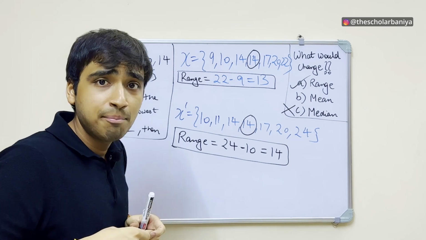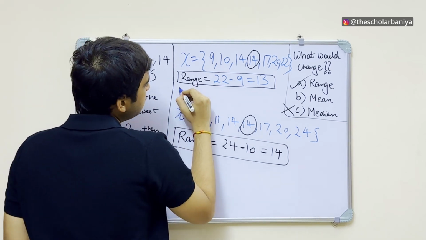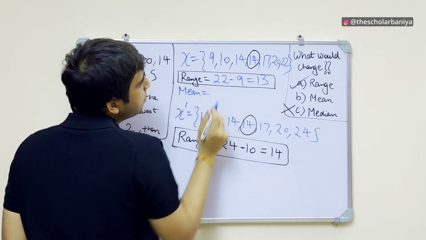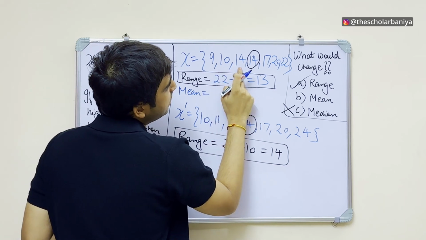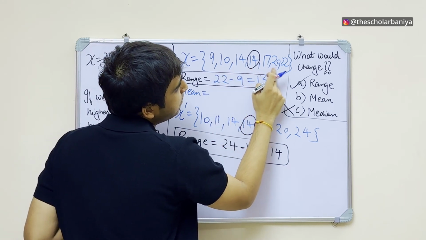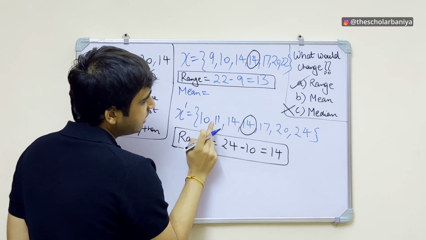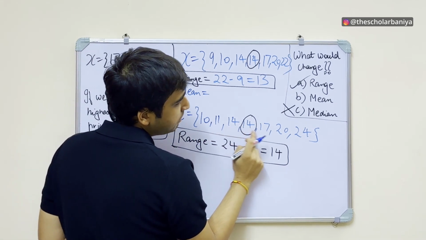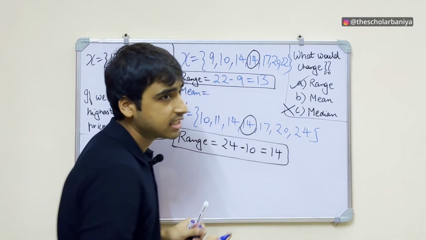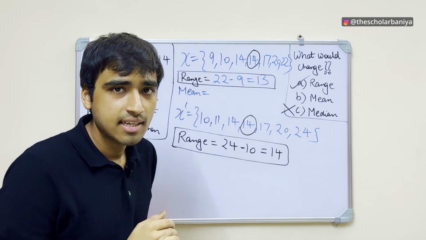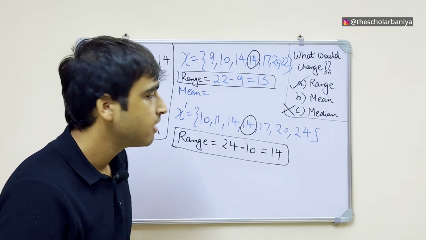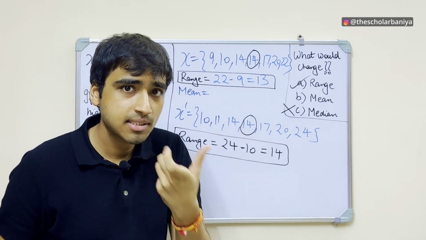Now let's calculate the mean, right? So what will be the mean? Mean will be 9 plus 10 plus 14 plus 14 plus 17 plus 20 plus 22 upon 7, right? And in this case, it will be 10 plus 11 plus 14 plus 14 plus 17 plus 20 plus 24 upon 7. So if you see, in both the cases, the mean is different, right? Because if you do the sum, it will be different.